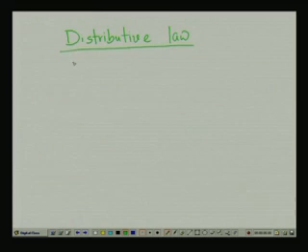Say the three elements are A, B and C, and the two operators are plus and dot.